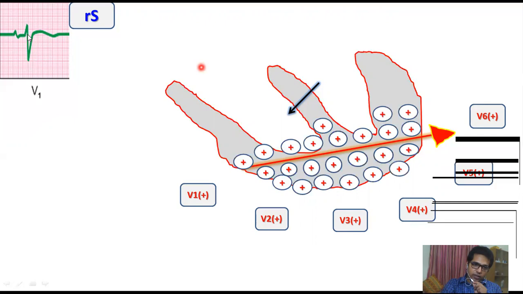As it is a very big or deep S wave, it is expressed in capital S. So the recording of the QRS complex in the V1 lead is called the RS pattern. Small r and capital S, this is the RS pattern.